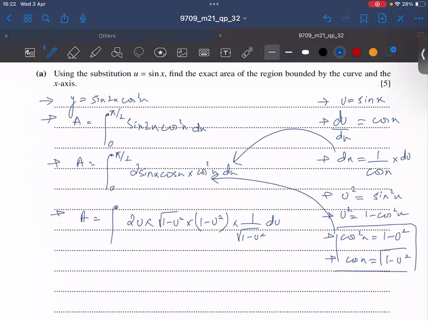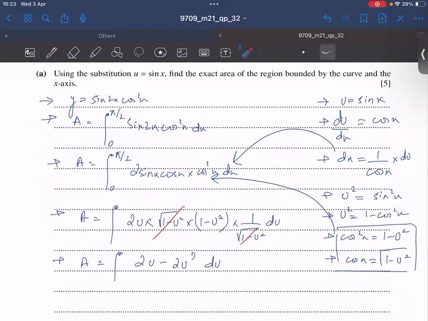Yes, sir. Agreed. Now this is going to get cancelled. You will be left with A equal to 2u times 1 minus u square, so 2u cube du. And then we will integrate after that.